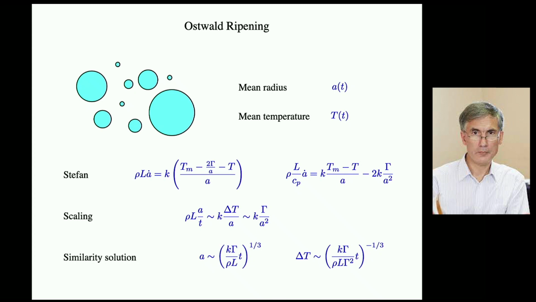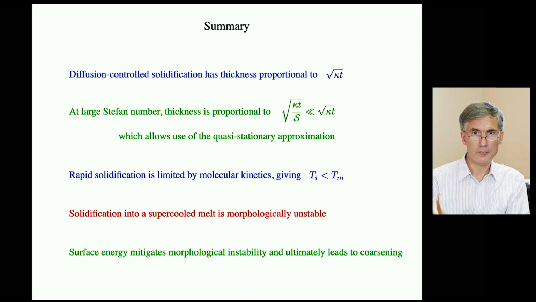If we look at these two terms, we can see that a cubed looks like t, so a looks like t to the third, and the temperature difference, the undercooling below Tm, is decreasing like t to the minus a third. So that's sort of the end of the story and where I'll stop so we can have a bit of a break before Sylvain.